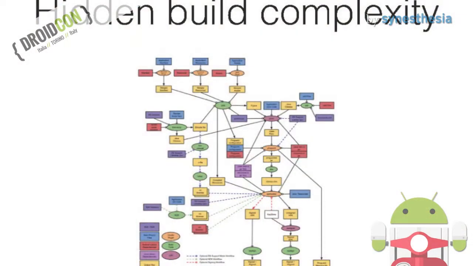And what you see here is a kind of graph of what happens when you build an Android application. Okay, this might not even be up to date anymore. It might even be more complex today. So a lot happens behind the scenes, hidden behind that very expressive DSL.